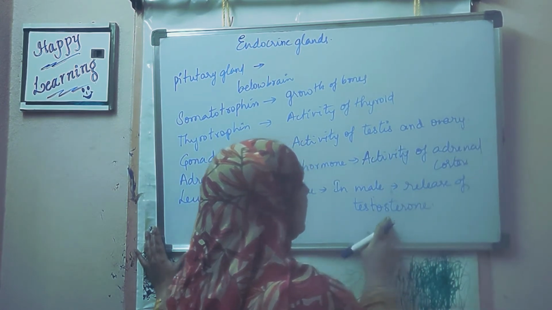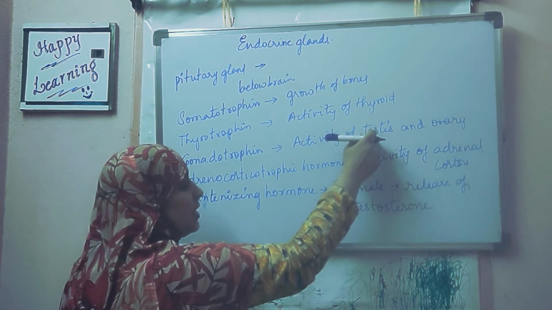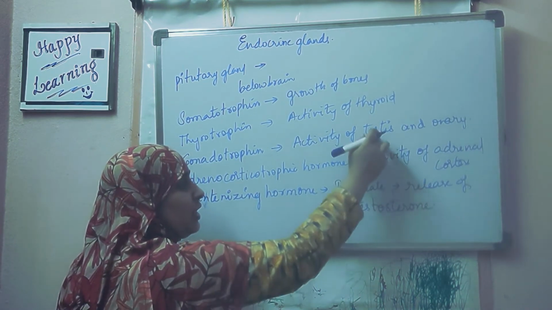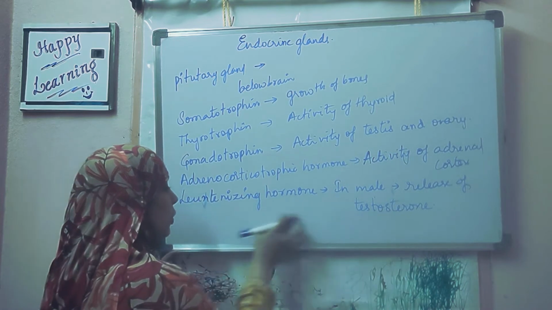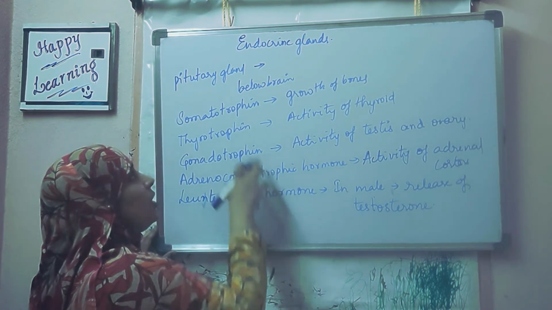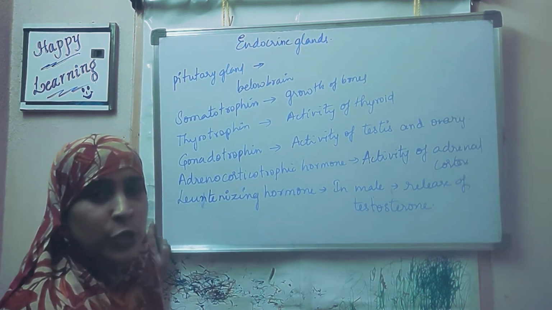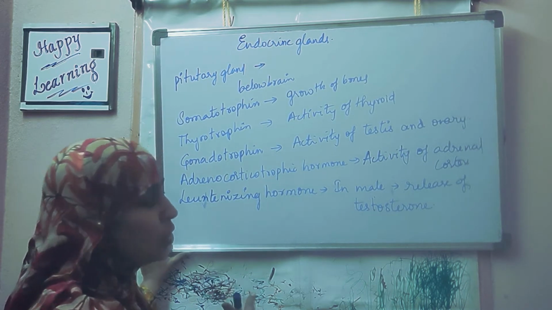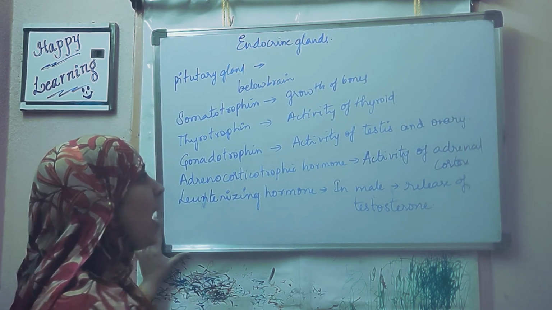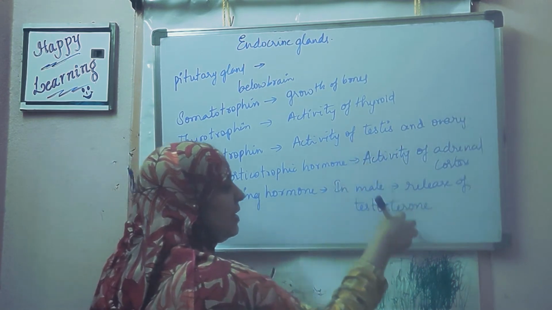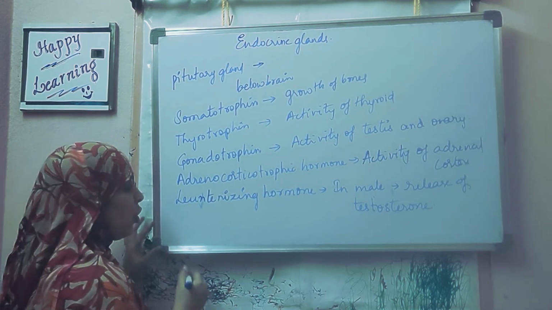Okay, this is a hormone that is released by testis. If testis should release this hormone, luteinizing hormone should release from pituitary. When pituitary gland releases luteinizing hormone, that hormone acts on testis and then testis releases this testosterone hormone.